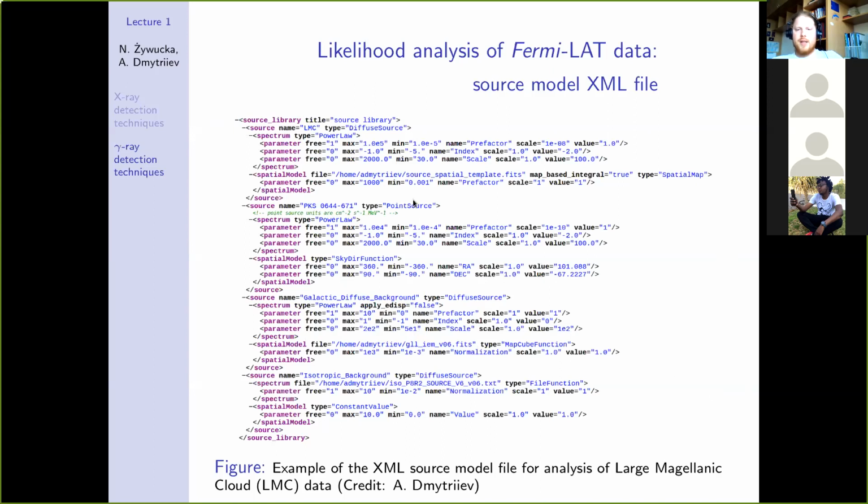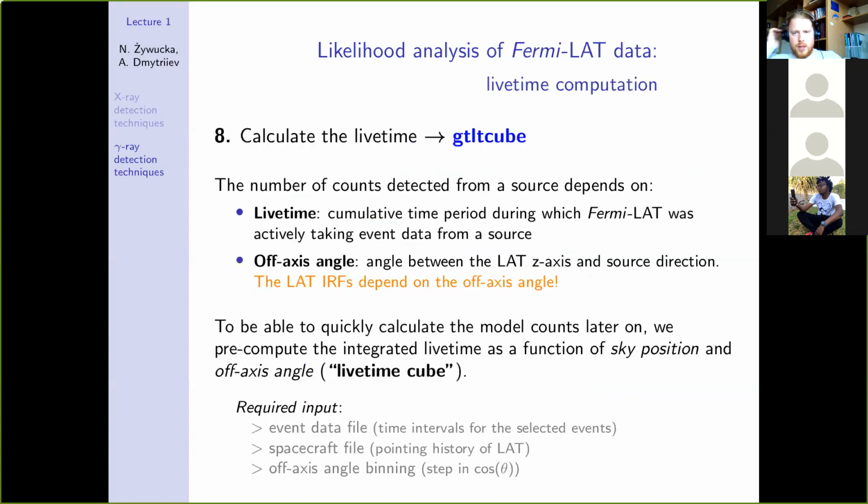And we optimize the parameters which are allowed to vary in order to get the highest likelihood of obtaining the data we observe. The next step, but this will be later, we first need to compute other things for our likelihood analysis. The next step will be to compute the lifetime.